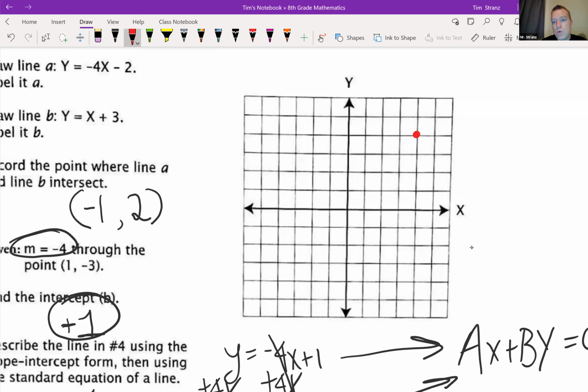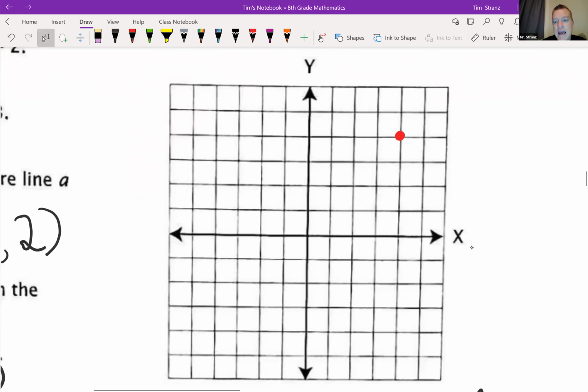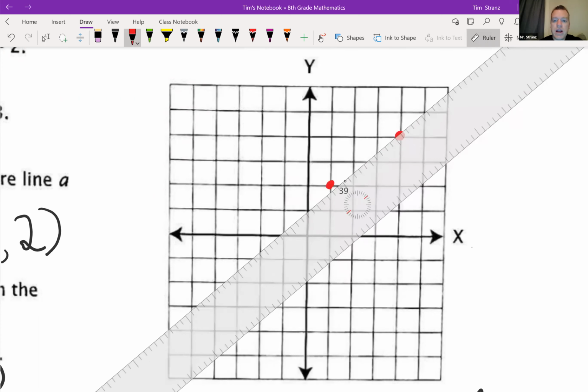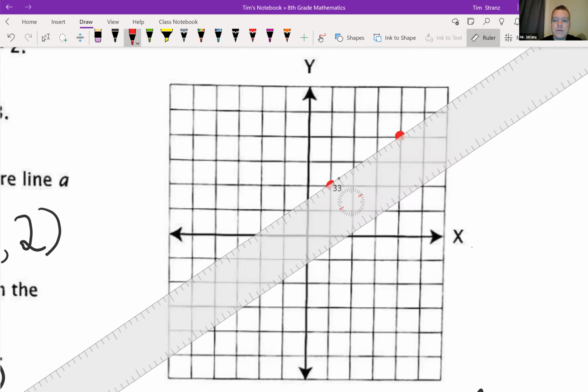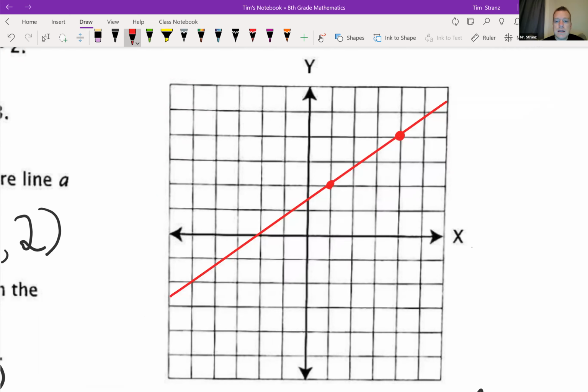Again, I can't go up 2 and over 3, I'll run off the graph. So I'm actually going to go down 2 in the other way, 3. 1, 2, 3. Okay, there's my line. I'm going to graph this line here.